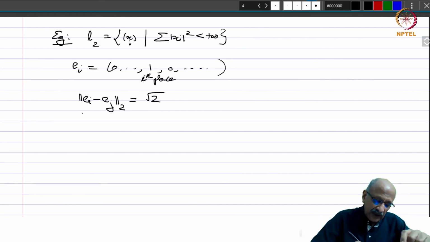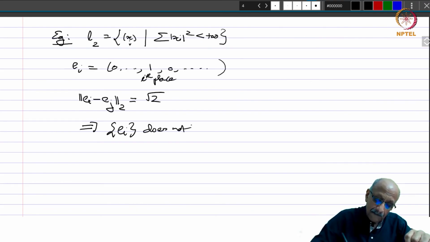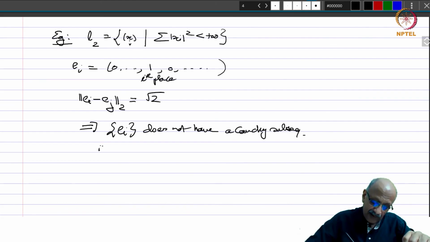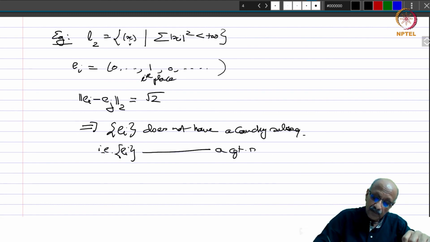So, this means each element is at equal distance from all other elements. Therefore, ei does not have a Cauchy subsequence, that is, ei does not have a convergent subsequence.